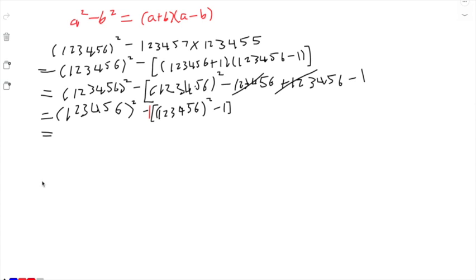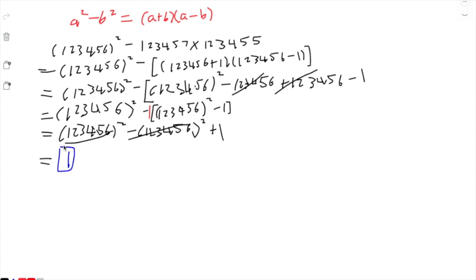But remember this, to open the brackets, there's a negative sign in front of it, and we know that's an invisible 1 there. So the 123,456 will be staying the same, but we will expand the negative 1 times 123,456 squared minus 1. So that's going to just be minus 123,456, because a negative times a positive is a negative. Negative times a negative is a positive, and negative 1 times negative 1 is positive 1. So we can cross these 123,456 squared because they will just equal 0, and we know the answer of this long problem is just a simple 1 using the difference of squares.